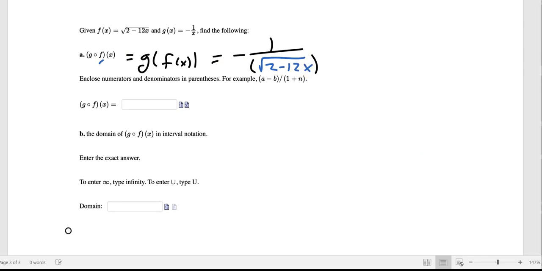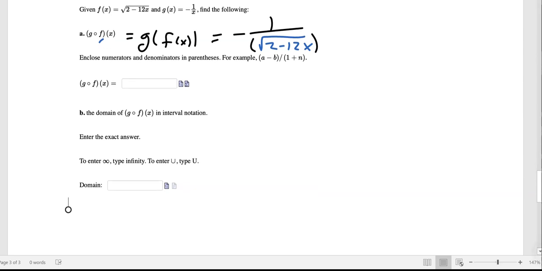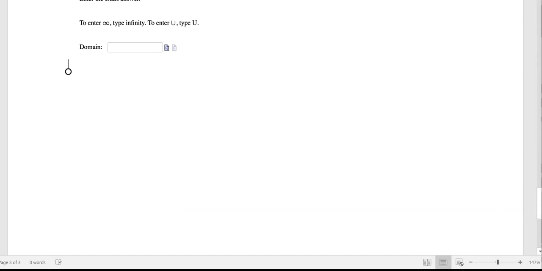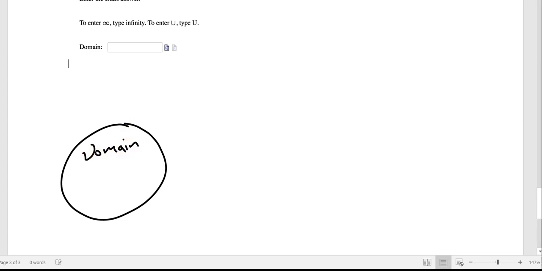Then part B is to find the domain. So I always do the domain for composite functions in 2 steps because it makes a little bit more sense to me to do it piece by piece and I don't miss anything. So what happens is you have some set of numbers, and this is the domain where you start off with here, okay? And then you apply, in this case, f.